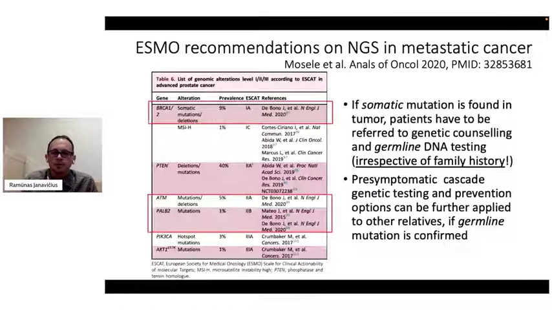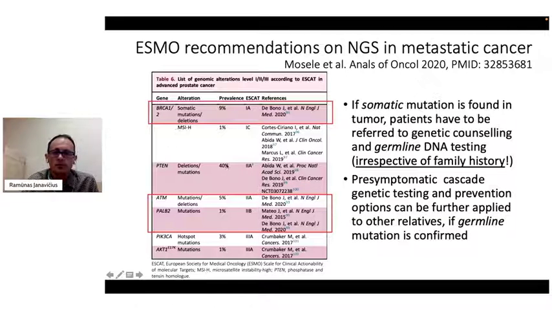In the recent ESMO recommendations, the list of genes which should be included is slightly smaller, but it's the minimum, I would say. So you can find BRCA1 and 2, PTEN, ATM, PALB2, and others.